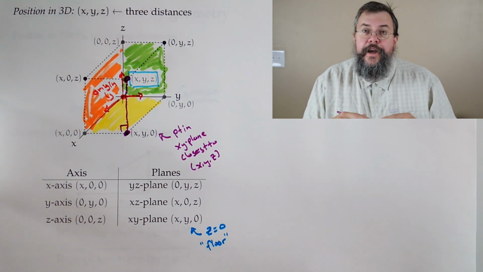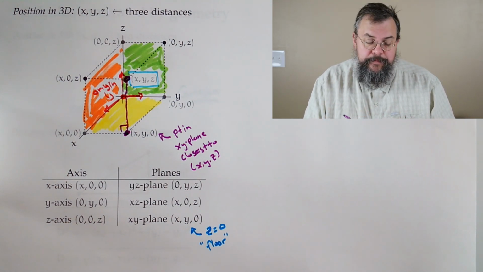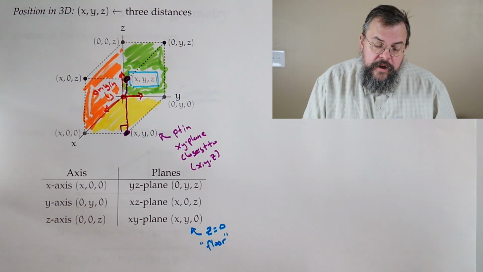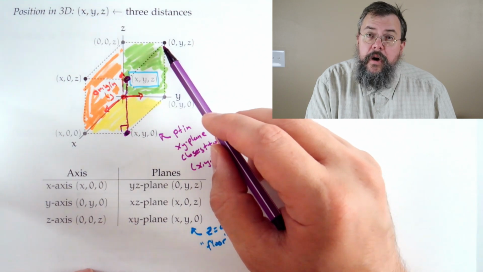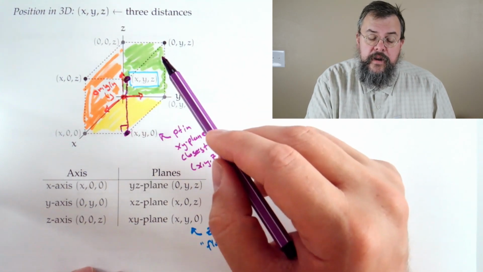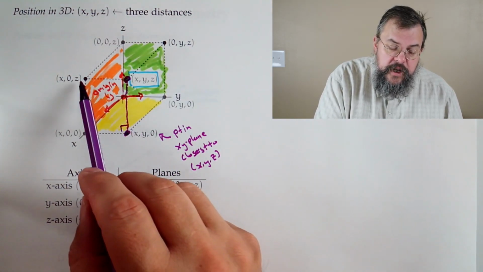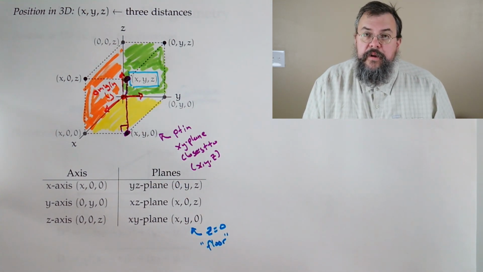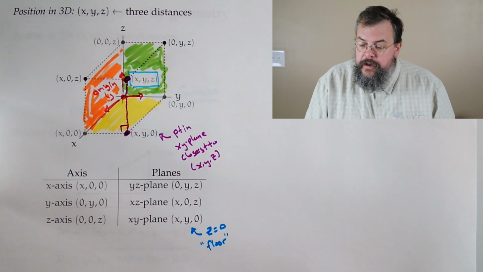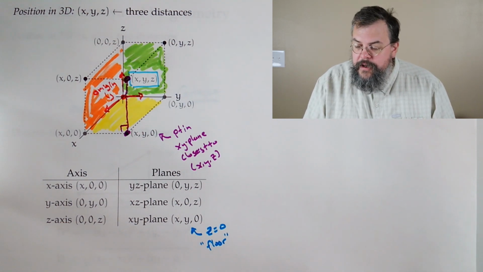Of course, the xy plane, very nice plane. Okay, well, same idea. If you came to this point, 0, y, z, that's the closest point in the yz plane. And over here, x, 0, z is the closest point in the xz plane.